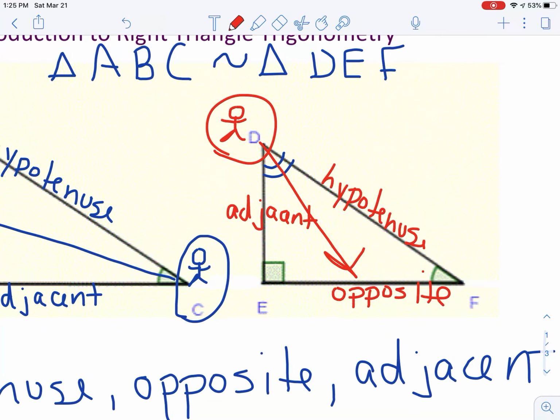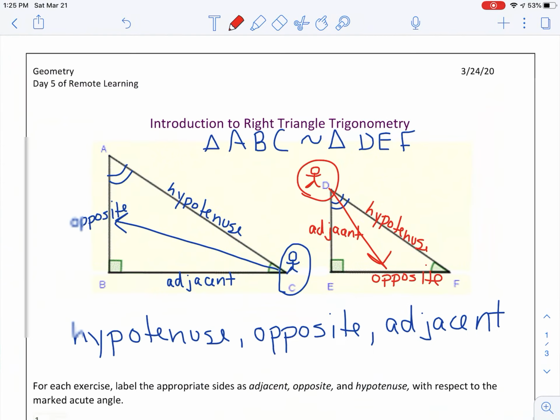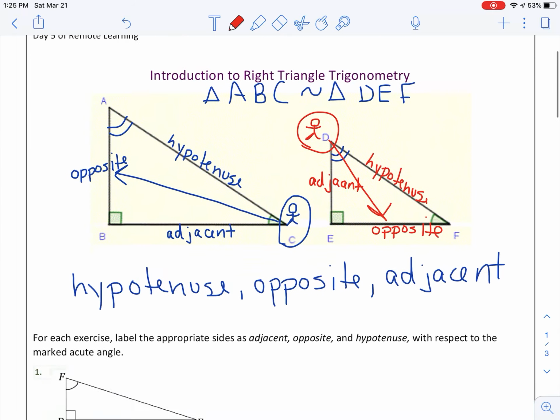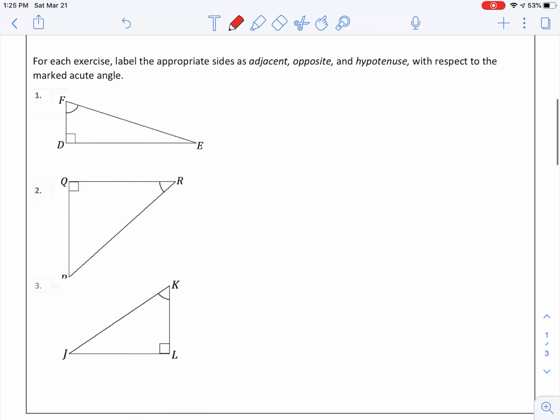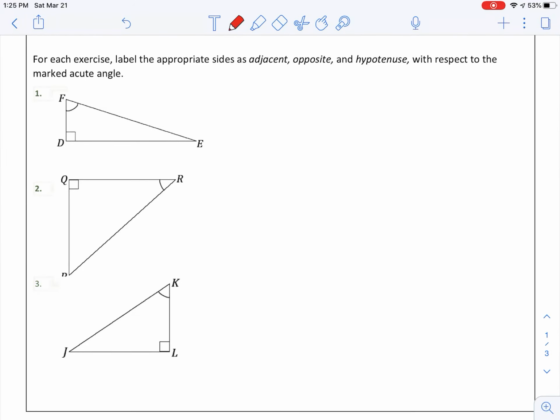All right, so I'm going to slowly label these. You can pause this and think about it as I go. It says for each exercise, label the appropriate sides adjacent, opposite, and hypotenuse.